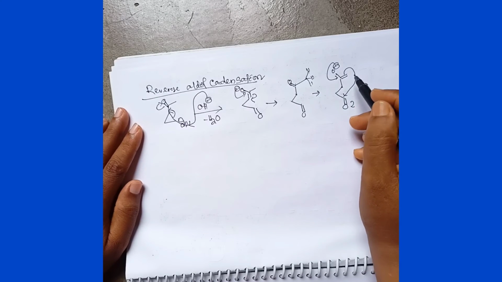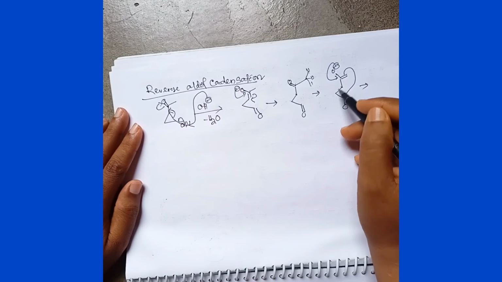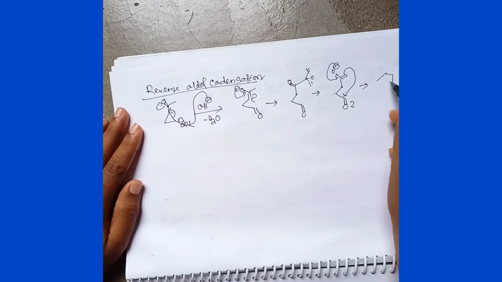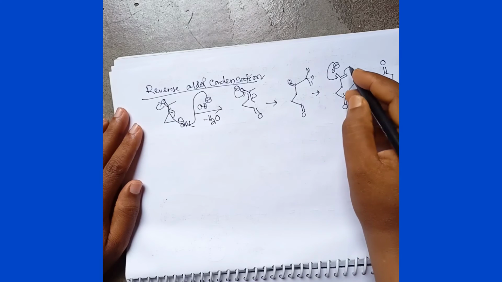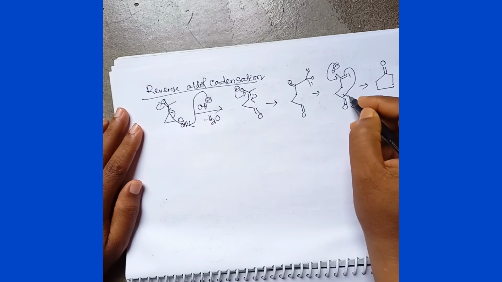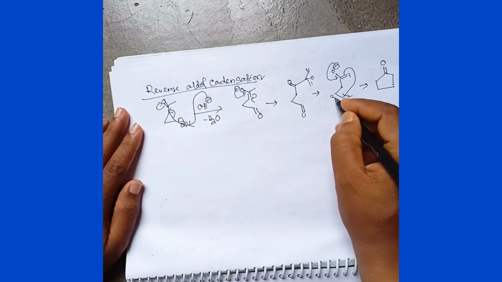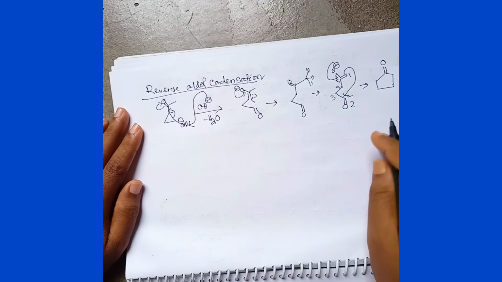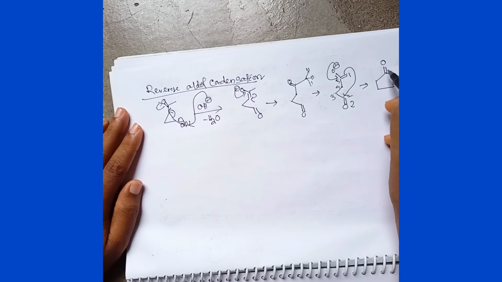Now the ring will be 1 2 3 4 5. We make a 5 member ring here. Suppose we number 1 2 3 4 5. So 5 1 2 3 4.